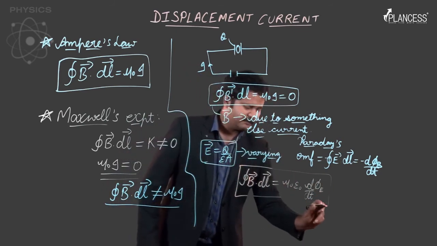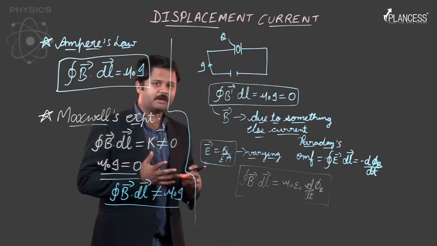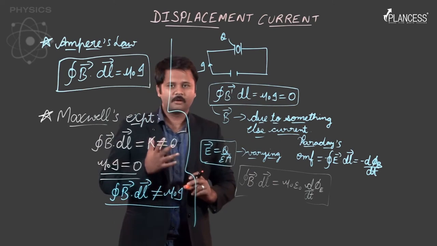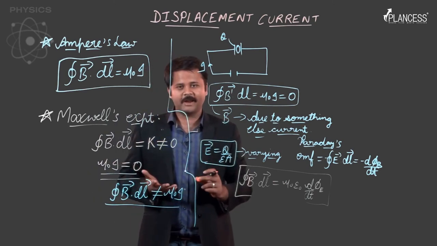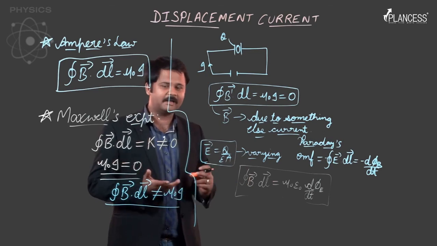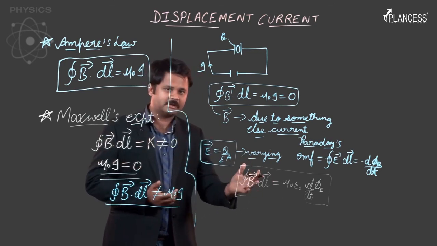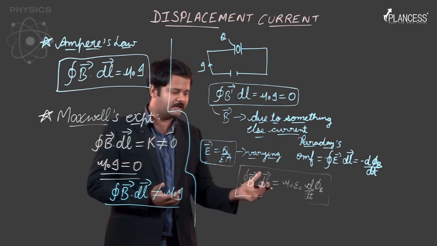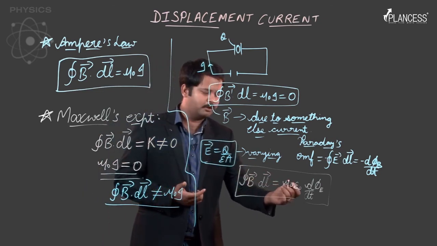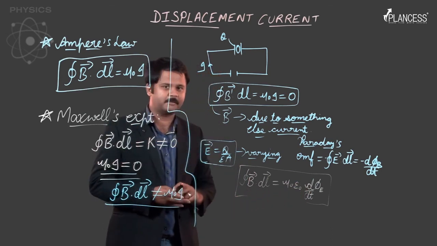He said that this time the magnetic field that is produced at all the points on this loop is not produced due to currents, it is produced due to varying electric field. And then he gave us the relation between the circulation of the magnetic field, which is the closed loop integration of B dot dl. It was equal to mu naught epsilon naught times the rate of change of flux through this particular loop.